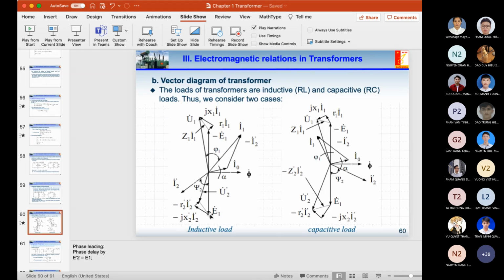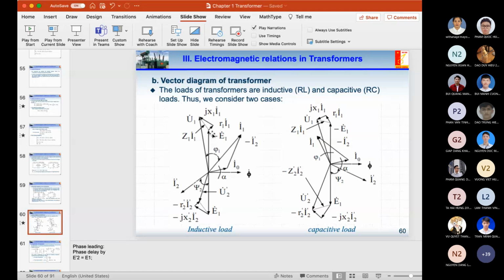From the previous time, you can see we get I2 prime is equal to I1. It means that I1 is equal to I2 prime, and with the inverse direction, we get minus I1 here.